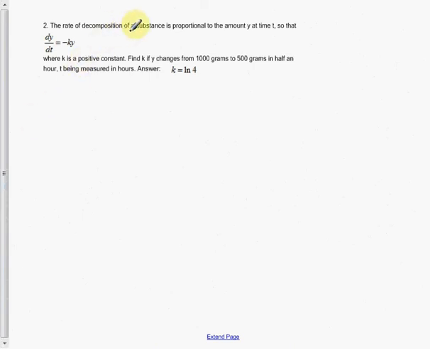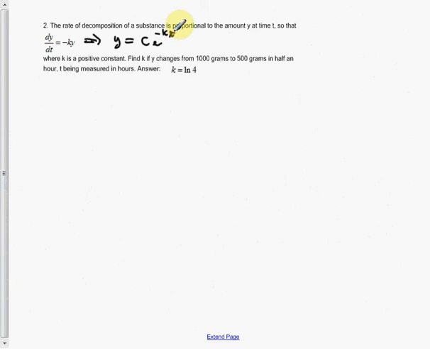The rate of decomposition of a substance is proportional to the amount y at time t, so that dy over dt is equal to negative k times y. This simply implies that y is equal to c times e to the negative kt.